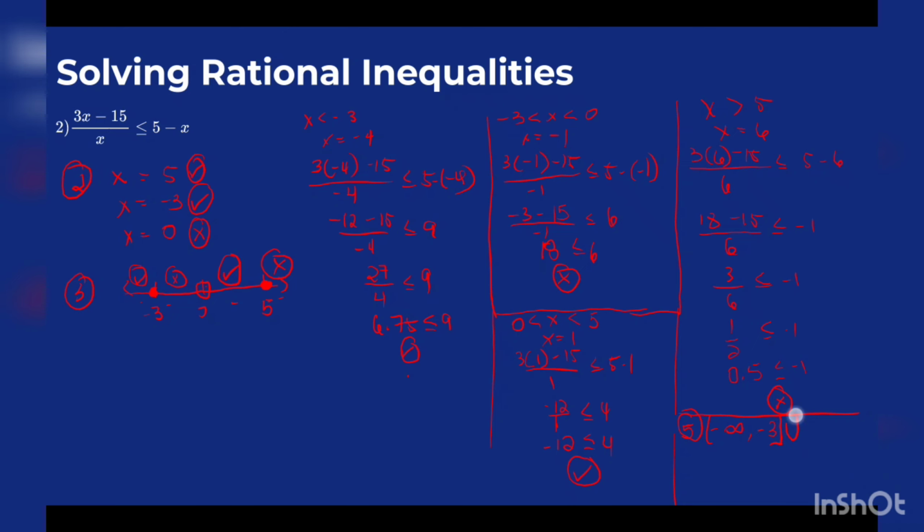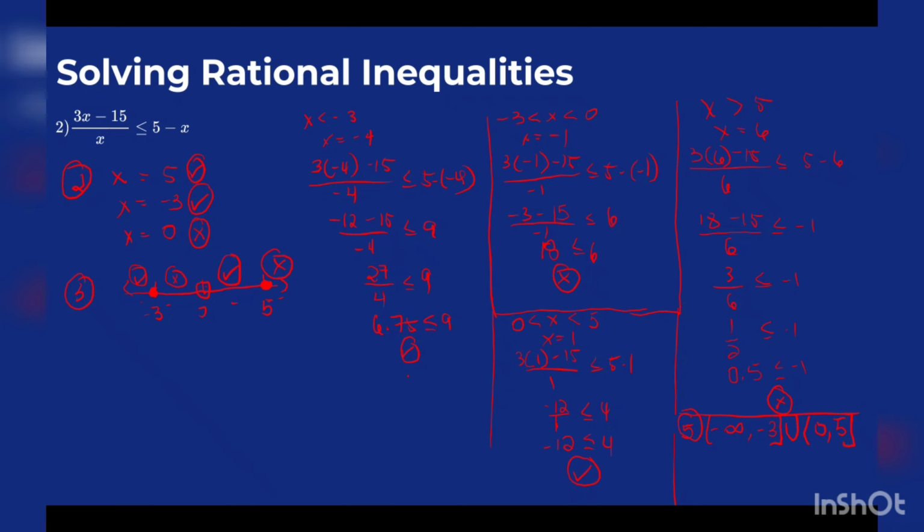Union, we'll use union because we have another interval, which is from 0 up to 5. So 0 is not included. That's why we'll use parenthesis, 0 until 5, which is included. So we'll use bracket.